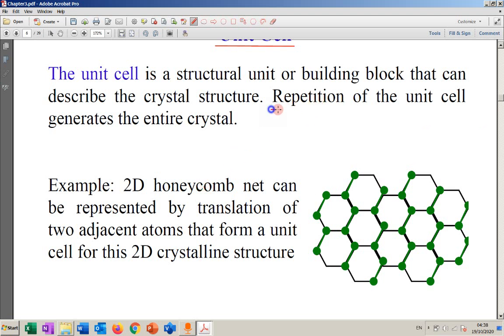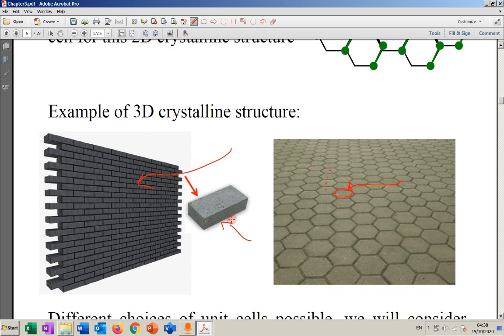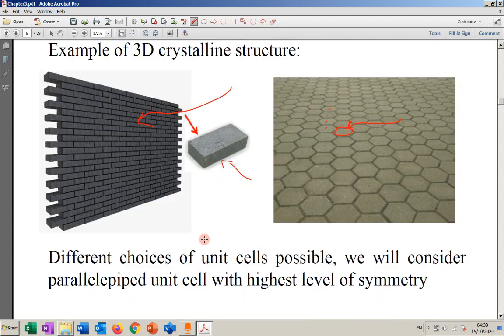That's what we call repetition of a unit cell generates the entire crystal. Mainly we will work with a unit cell. If we take one unit cell, it represents the crystal structure.